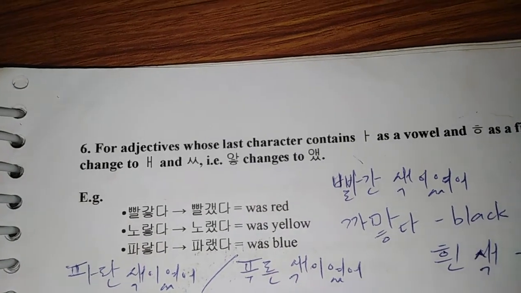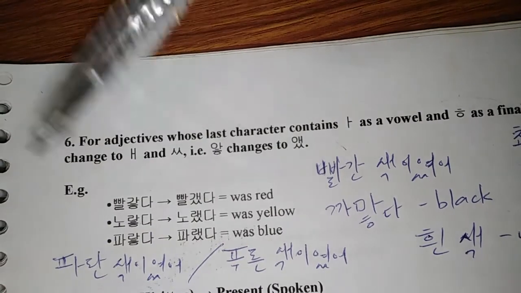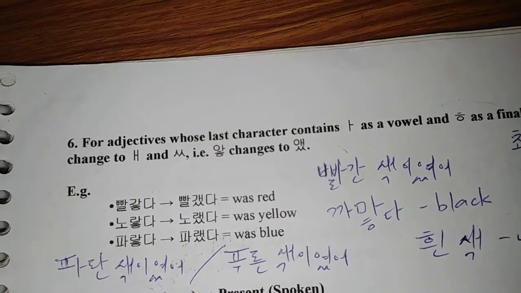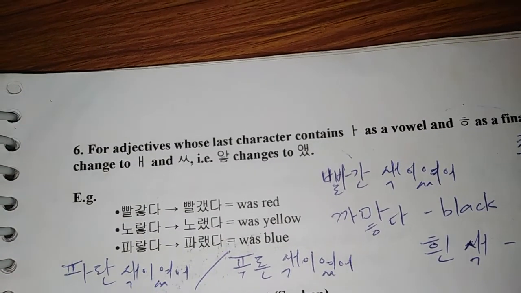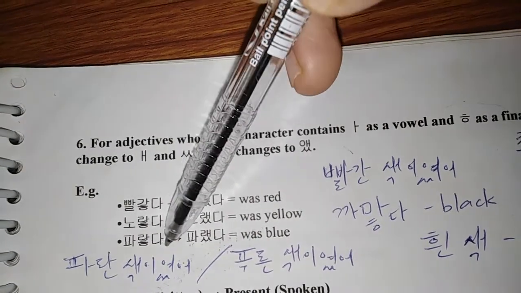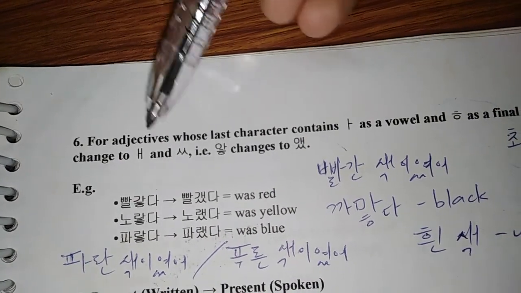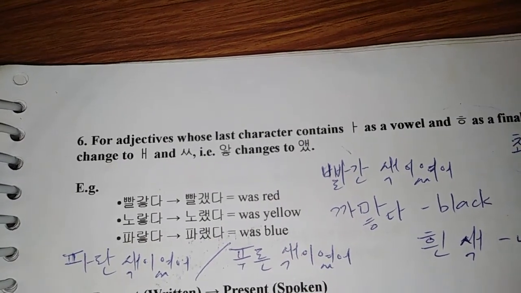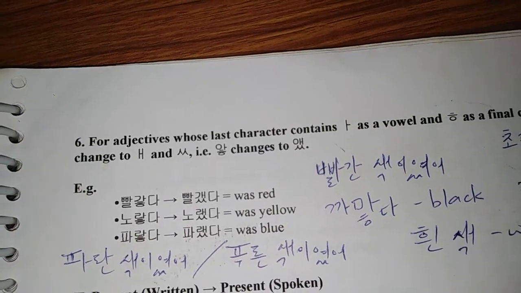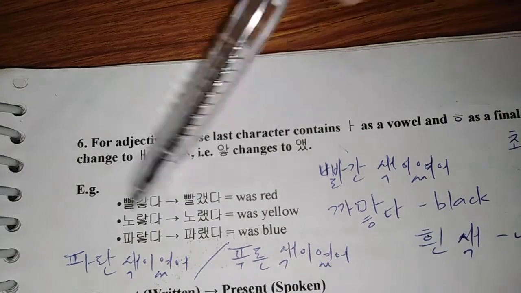For blue color, you can say 파란색. 색 means color, so instead of saying just blue, you're saying blue color. 파란색, when it becomes past tense, would become 파란색이었어요 or 파란색이었다, depending on whether you're using the spoken form or the written form, respectively.